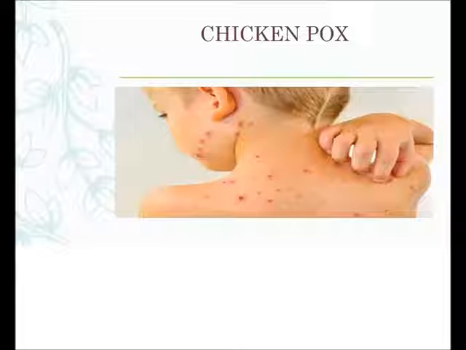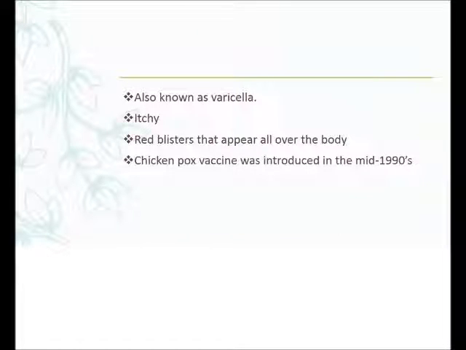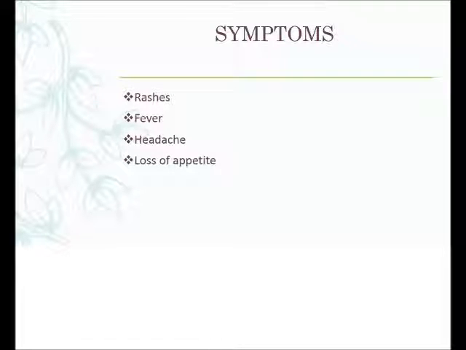Chickenpox, also known as varicella, is characterized by itchy, red blisters that appear all over the body. The chickenpox vaccine was introduced in the mid-1990s. Symptoms include rashes, fever, headache, and loss of appetite.